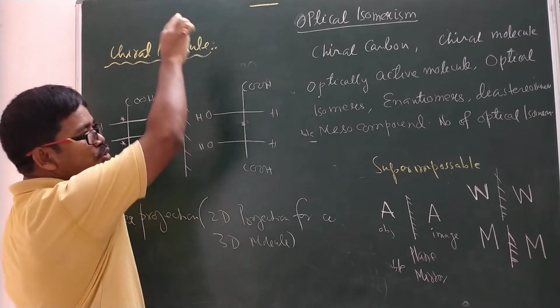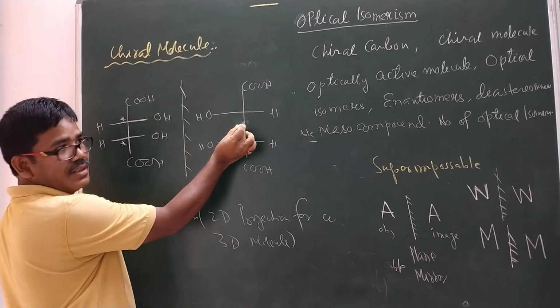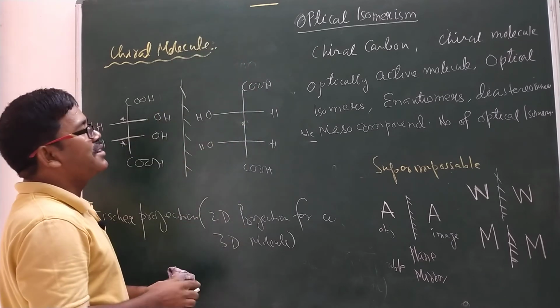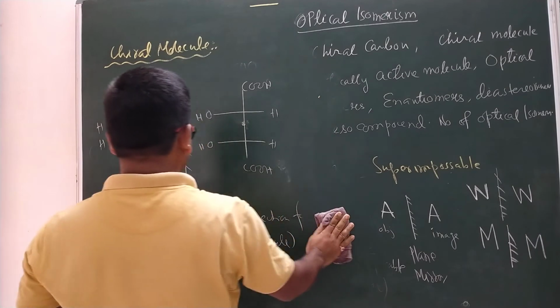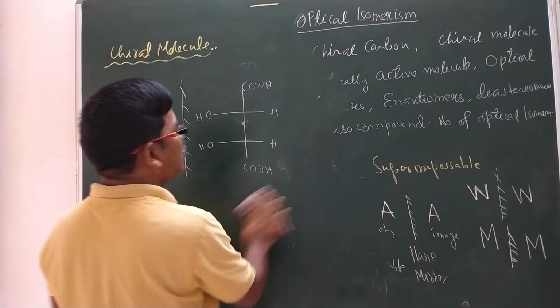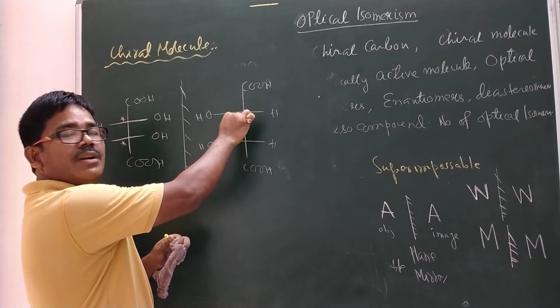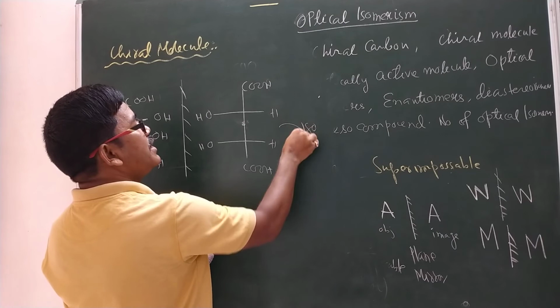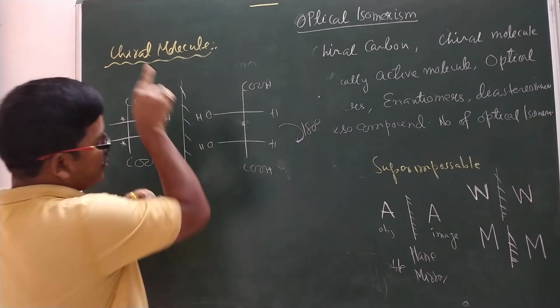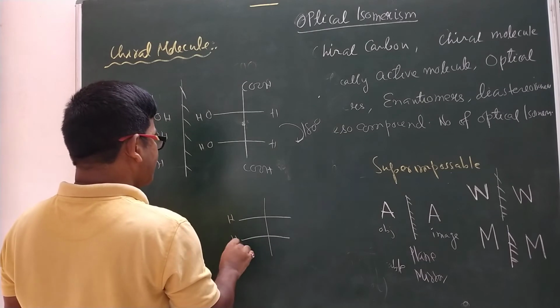If I consider this board to be the molecular plane, and an axis like this, perpendicular, I can rotate the molecule by 180 degrees, either clockwise or anti-clockwise. There is no problem. If I rotate the molecule by 180 degrees, what will I get? I will get this.